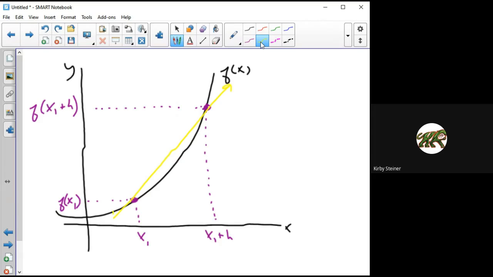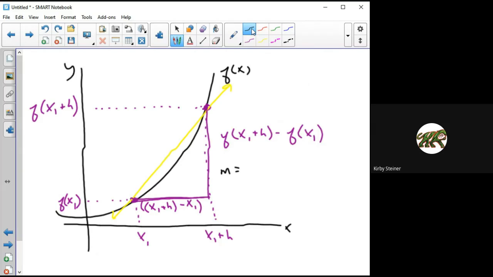Let's draw the secant line. Now I want to calculate the slope of the secant line. The horizontal dimension is x1 plus h minus x1. In the vertical dimension, I have f of x1 plus h minus f of x1.